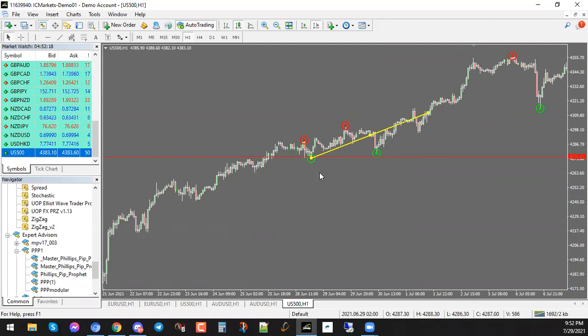So this is most likely some sort of corrective structure happening in this area. Right? So we have some sort of corrective structure here. A new wave starting over here. As you can see, this is one wave. This is a pullback. New wave starts here.